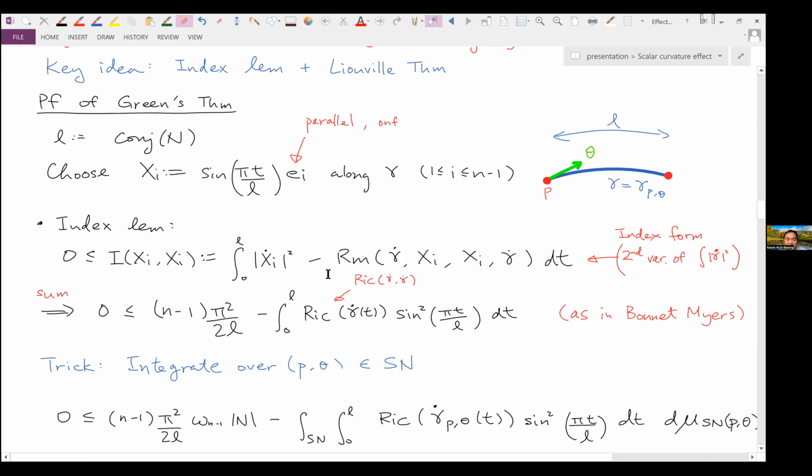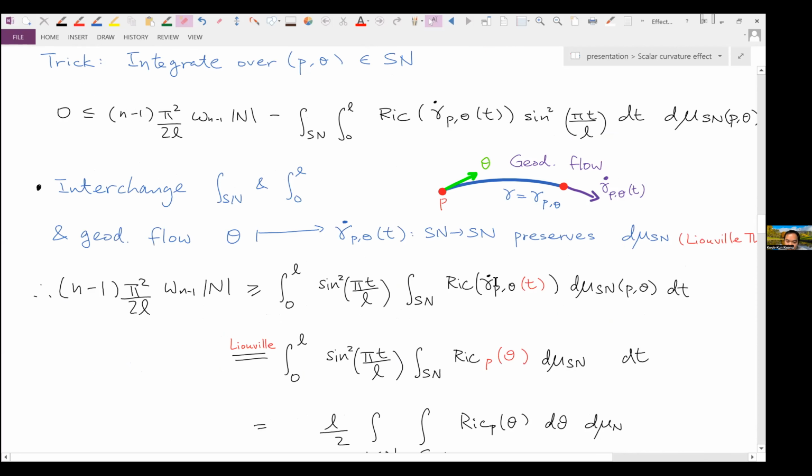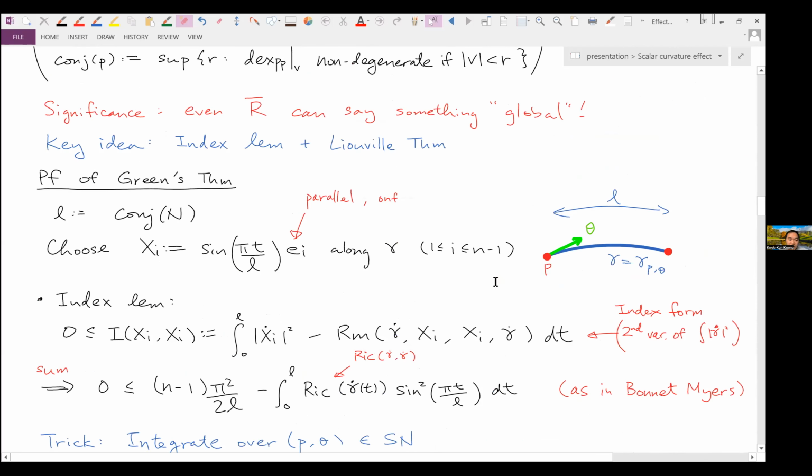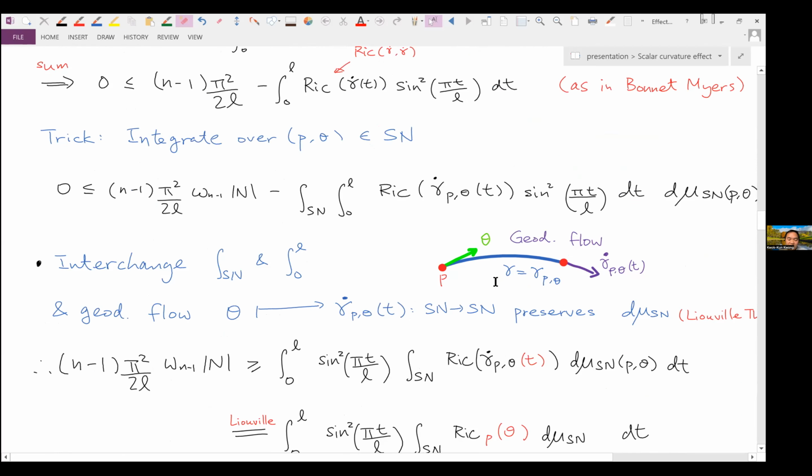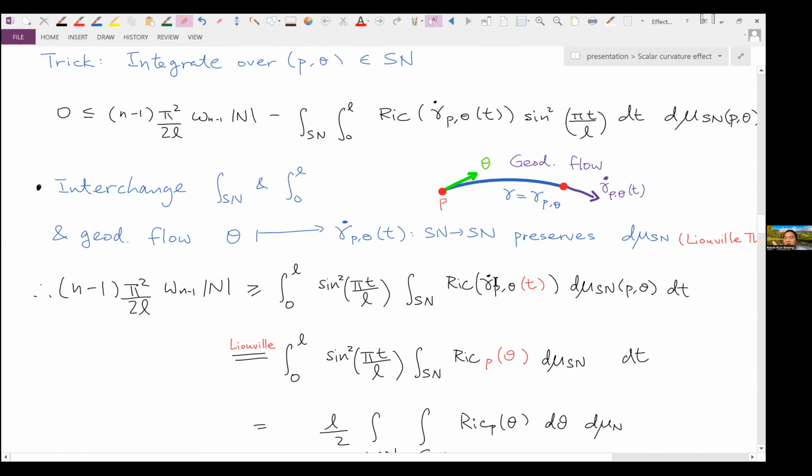That's exactly what the index lemma is saying. So we have used the index lemma and Liouville's theorem to prove something about the size. And if you look at the proof again, this is actually a statement about the average conjugate radius, if you like.